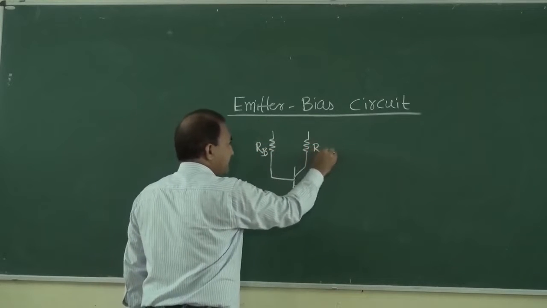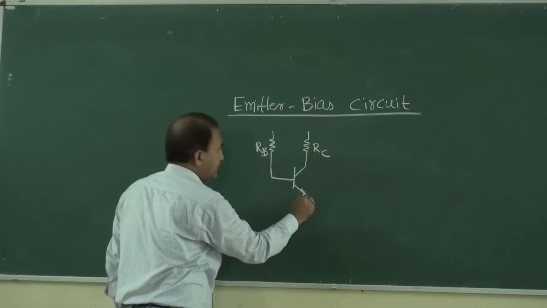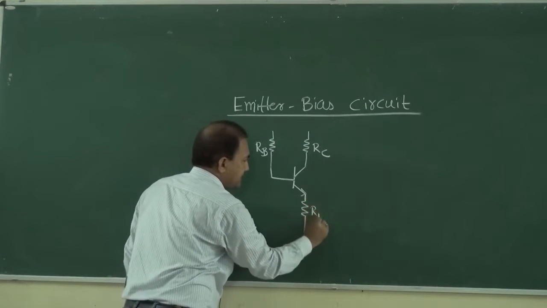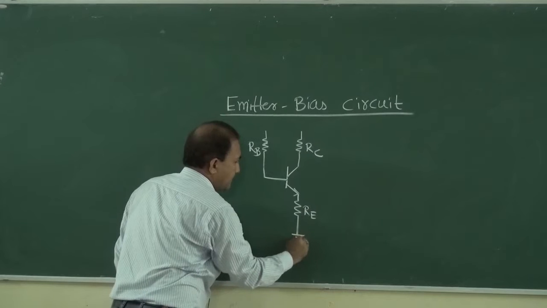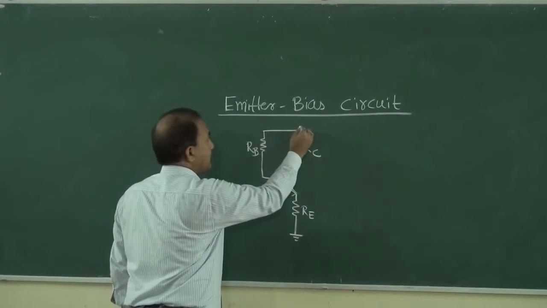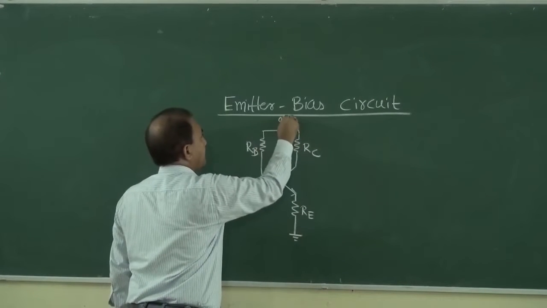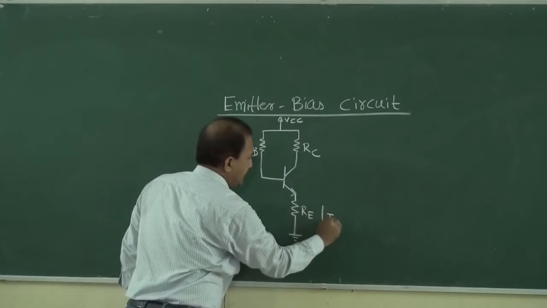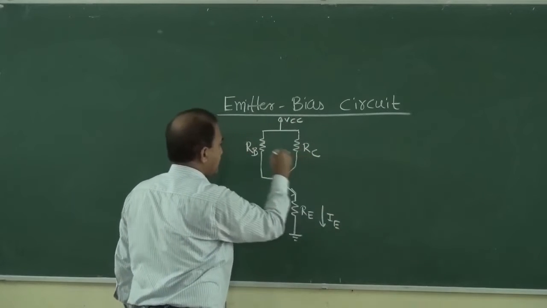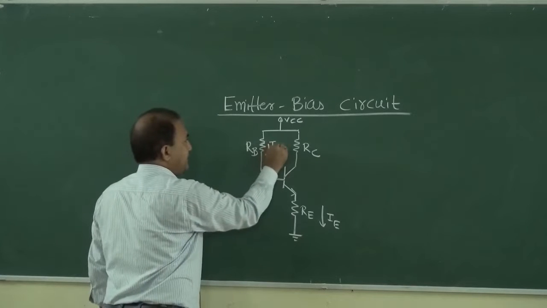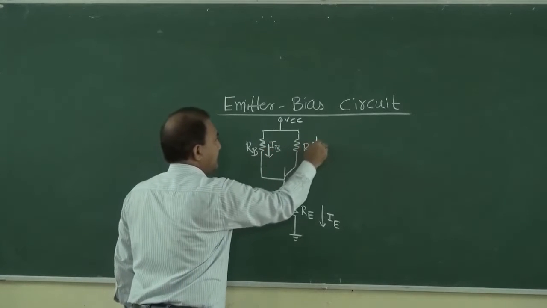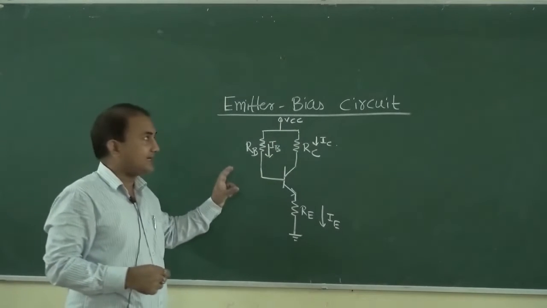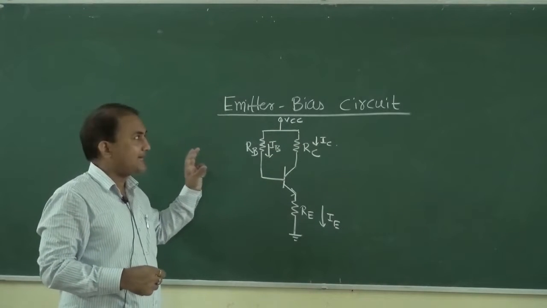This is RB, this is RC, and this is emitter resistor. This is VCC. So current IE, current IB, and current IC. Okay. So this is the circuit diagram of emitter bias circuit.